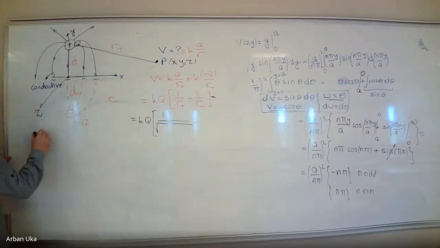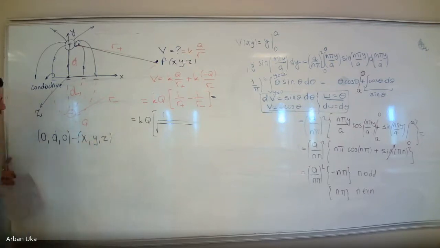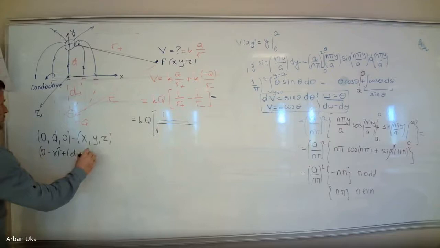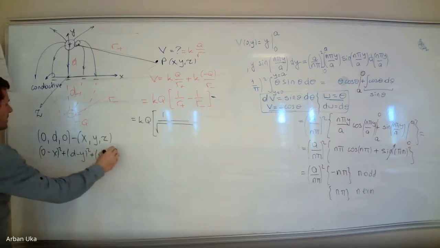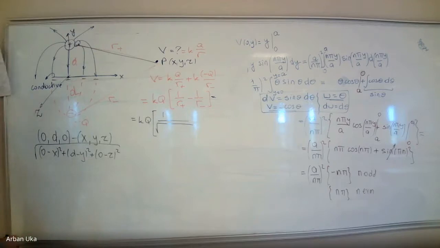One point is 0, d, 0, where this is the x coordinate, this is the y coordinate, this is the z coordinate, minus another point, which is x, y, z. The Euclidean distance between these two points is simply the square root of 0 minus x all squared plus d minus y all squared plus 0 minus z all squared. So this would be the specific distance.